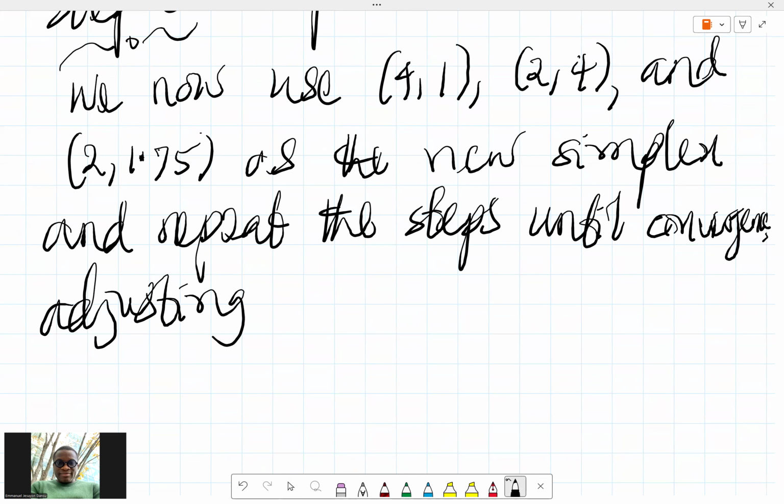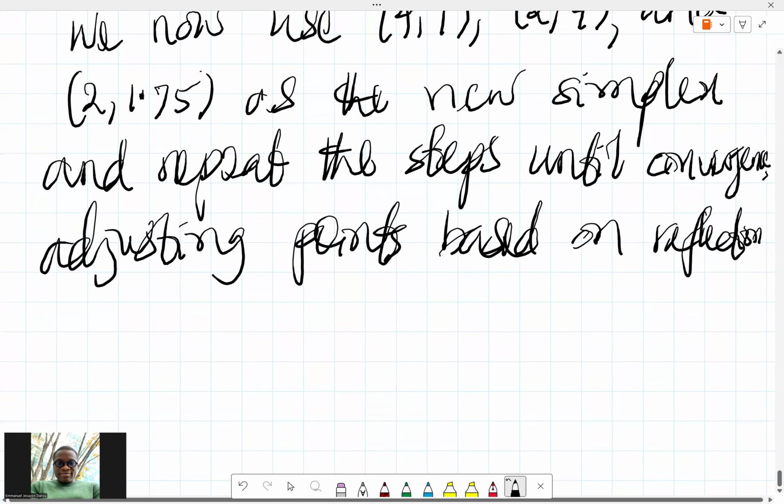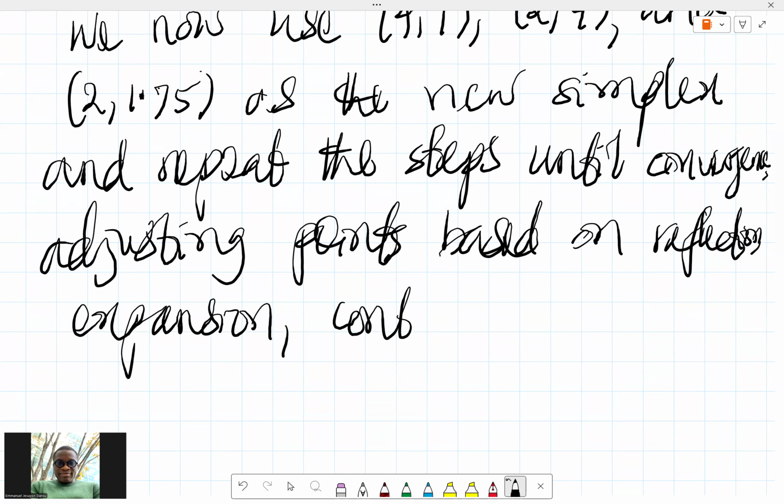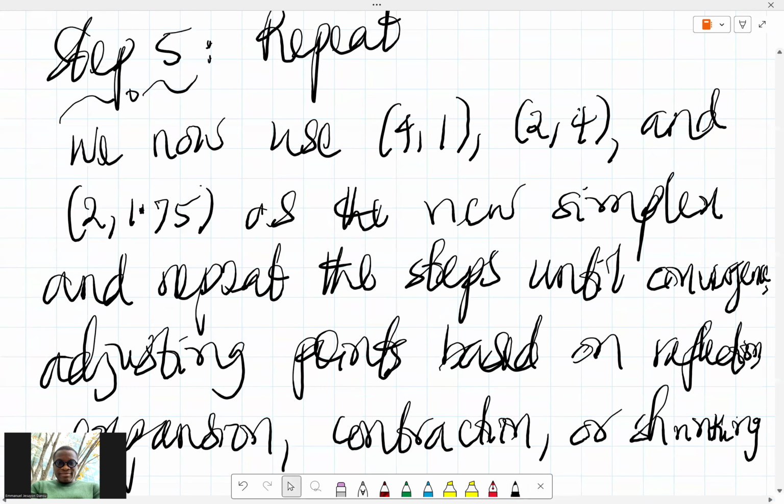So, adjusting points based on reflection, expansion, contraction, or shrinking. Normally we know all these three already.